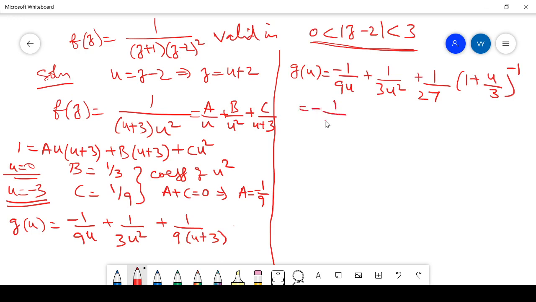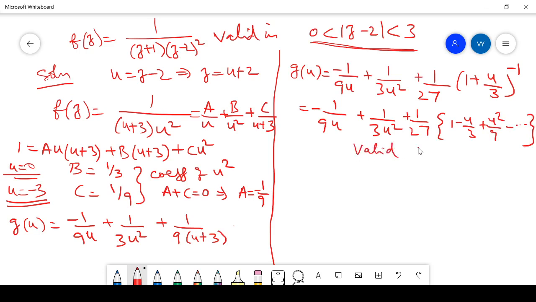So this will be minus 1 by 9u plus 1 by 3u square plus 1 by 27 into 1 minus u by 3 plus u squared by 9 minus so on. This is valid if mod u by 3 less than 1, which gives you mod u less than 3. So when I replace u with z minus 2, I get the expansion of f of z.